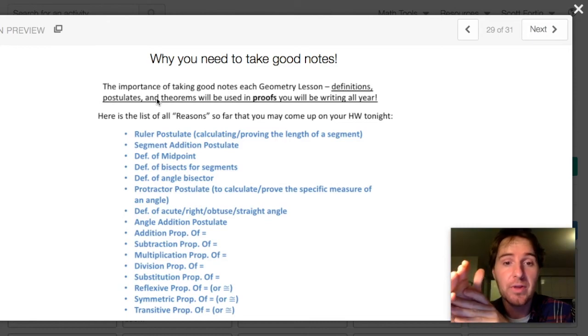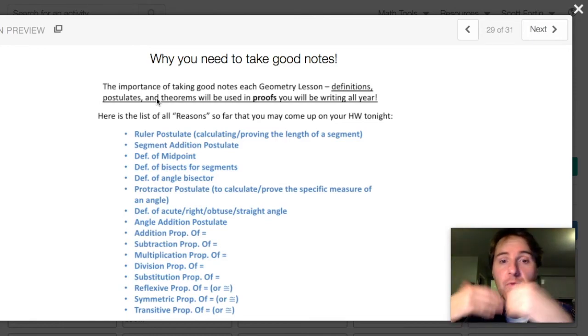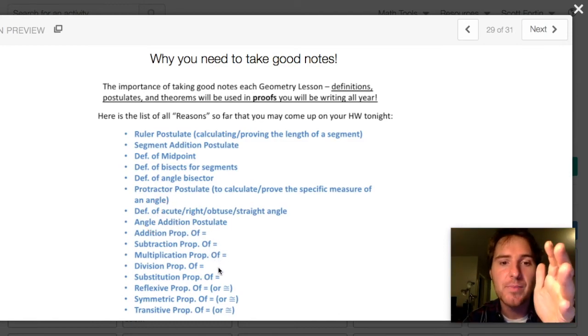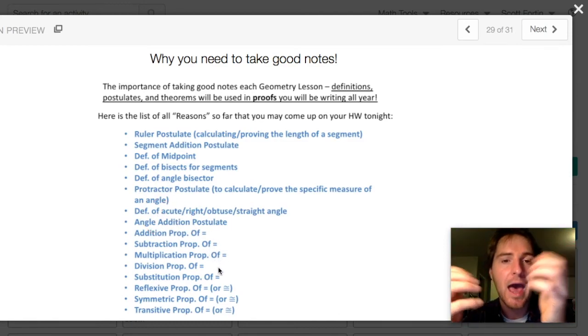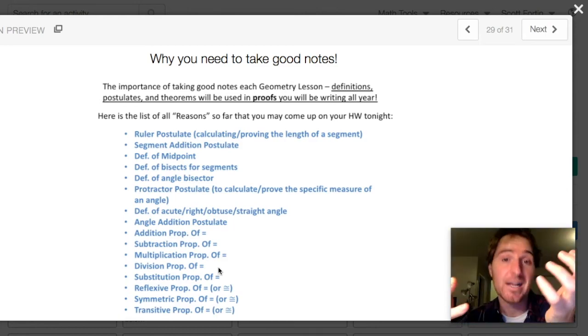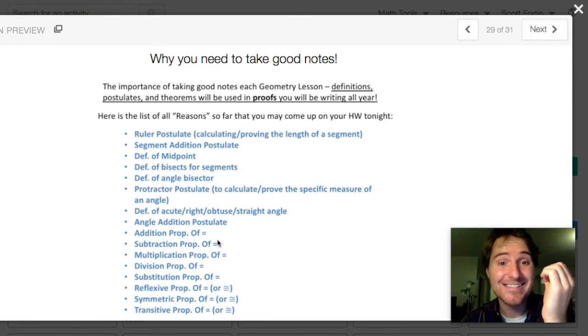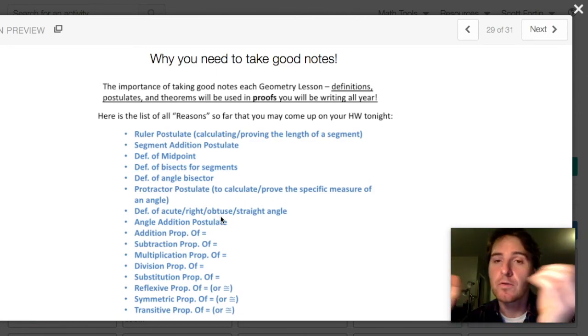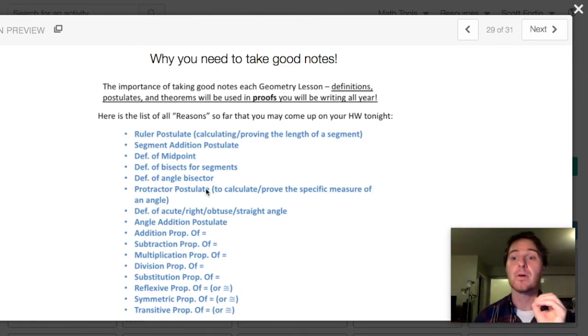This list is only going to grow because we're going to use these original assumptions, like the angle addition postulate, the properties from algebra, and some shapes that we have, and from those we're going to deduce facts that we know are universally true, which is a very exciting thing, but you got to be organized.